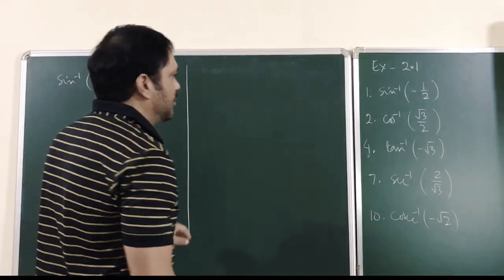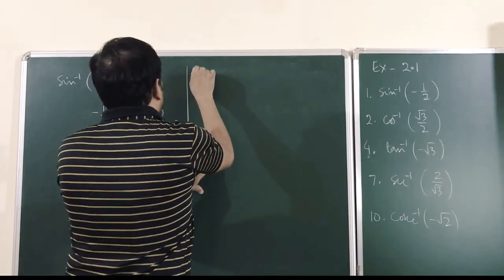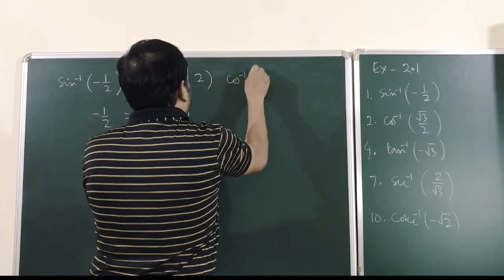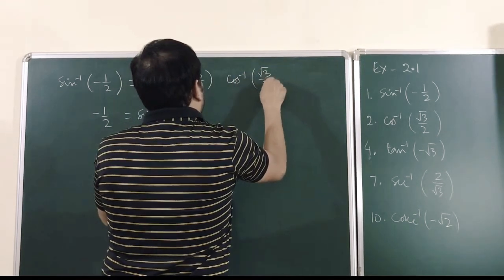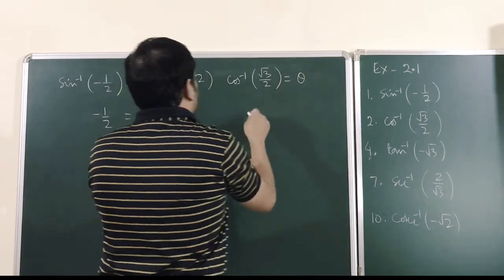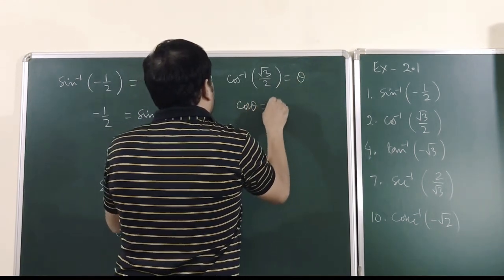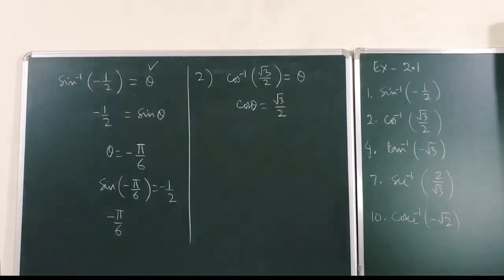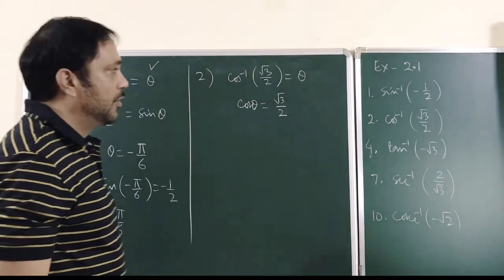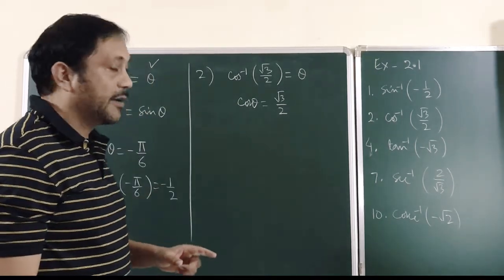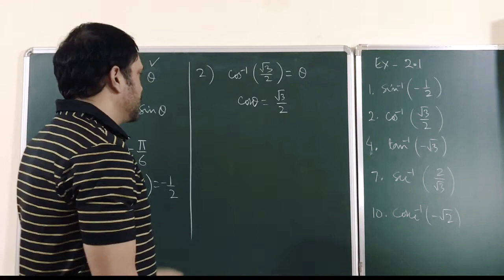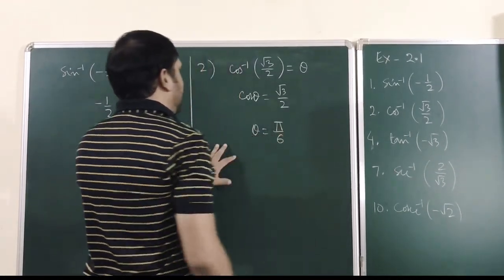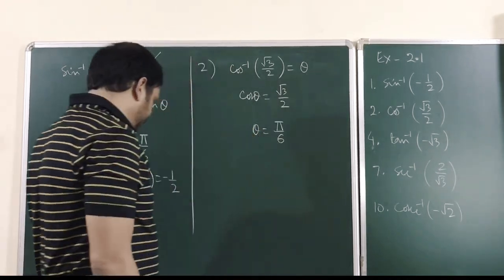Then the second question is cos inverse of root 3 by 2. Let's say it is equal to theta. So cos theta is equal to root 3 by 2. Which value of theta gives cos theta root 3 by 2, and importantly remains between 0 to pi? You know theta is equal to pi by 6, so the answer is pi by 6.